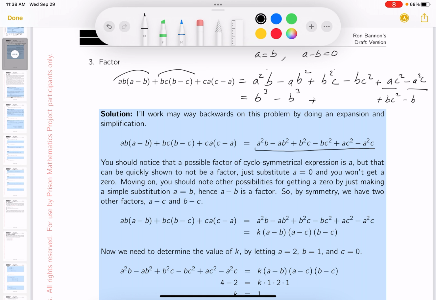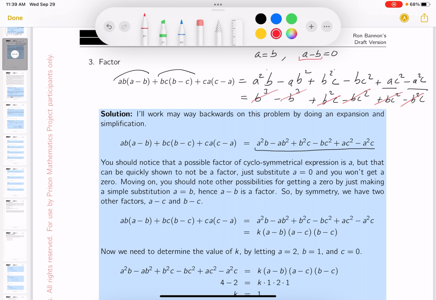Minus B squared C. And what do you get over here? B squared C minus BC squared. Well, these things, I'll point out to you, they disappear. And what happens over here? Well, this cancels this, and this cancels this. So right now I know that this thing is a factor of the problem. I know that, all right?